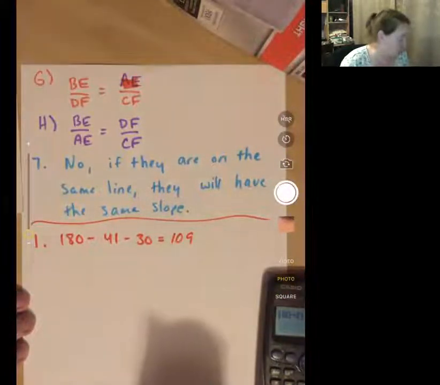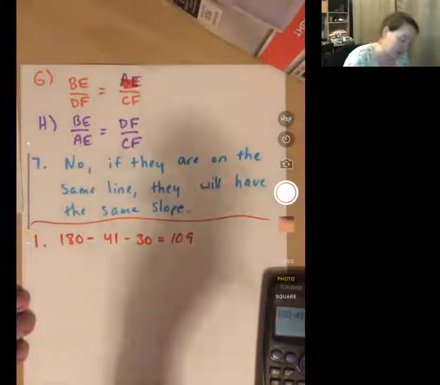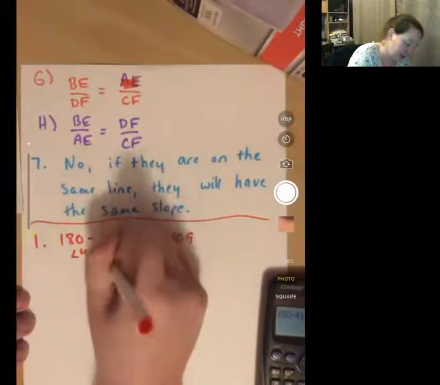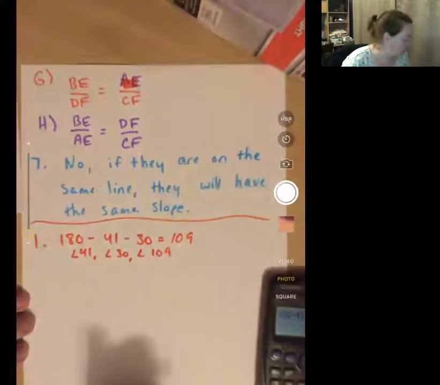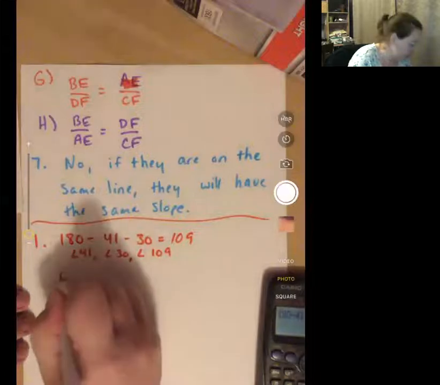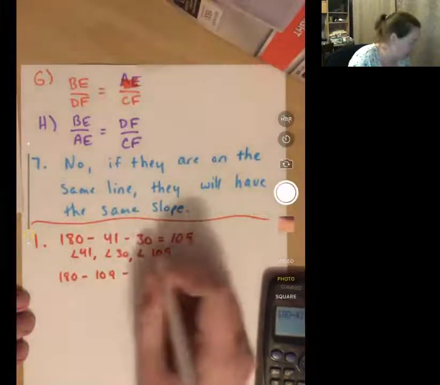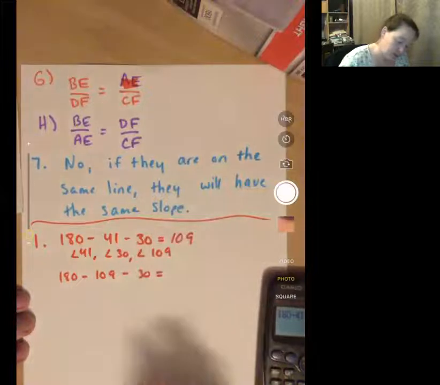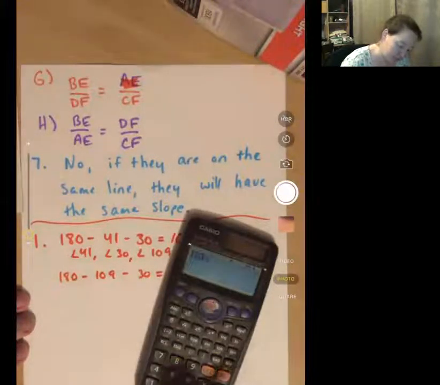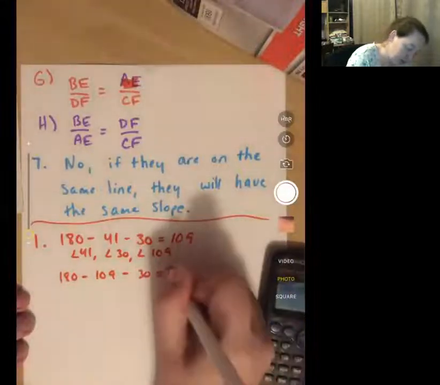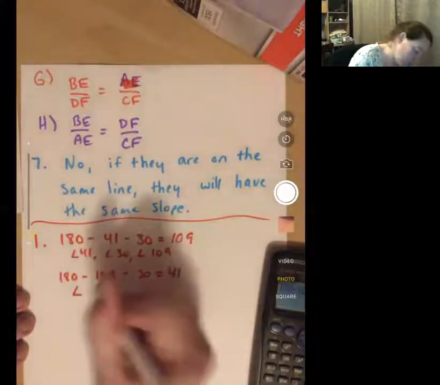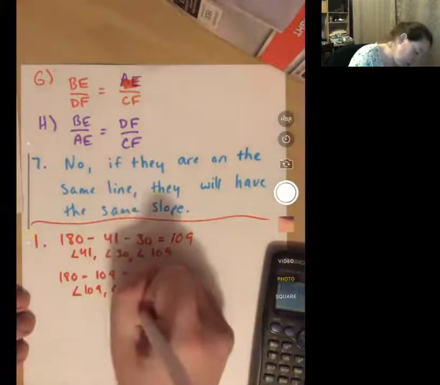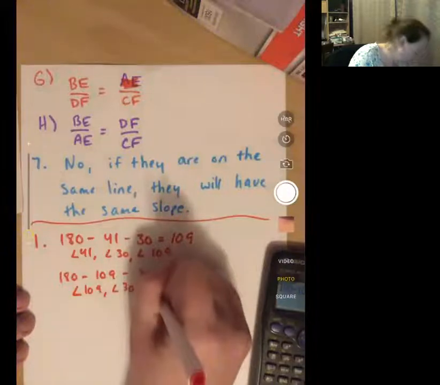So the angle measures for triangle ABC are 41, 30, and 109. And for DEF, it's 180 minus 109 minus 30, which gives us 41. So for triangle DEF, we have angles 109, 30, and 41.